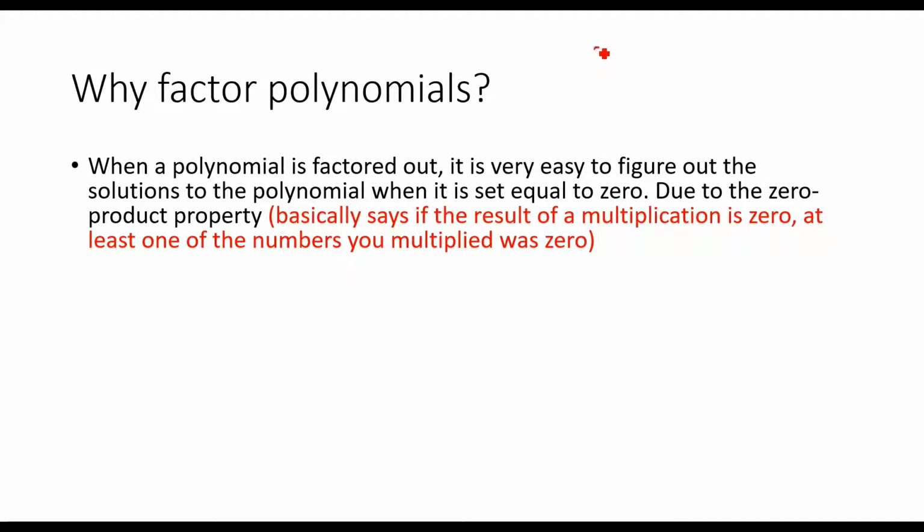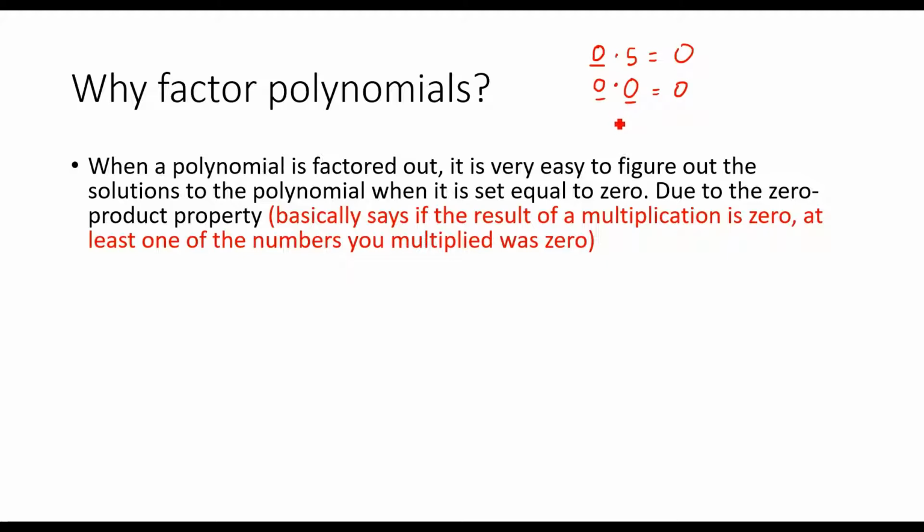Let's say we had 0 times 5. This equals 0 because one of the numbers was equal to 0. I could have gotten the same result from both of the numbers being 0.